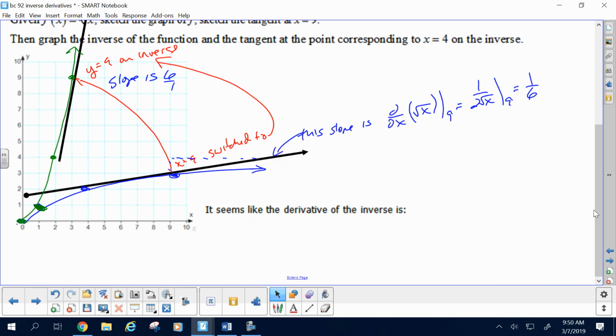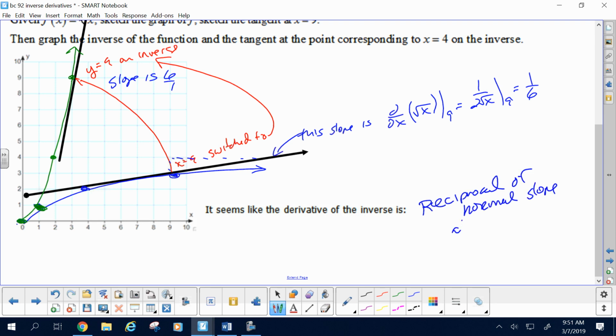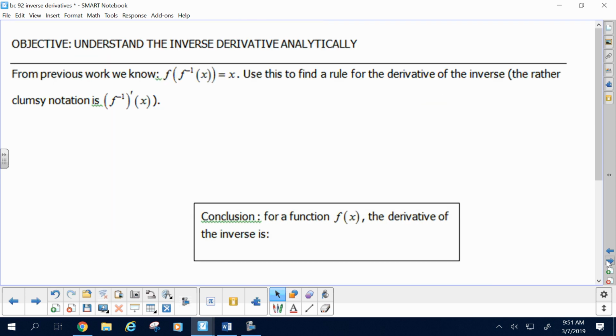It seems like the derivative of the inverse is the reciprocal of the normal slope, but at the y of the original, not the x. The slope of 1/6 at x equals 9 is like the inverse is 6 over 1 at y equals 9. You with me?